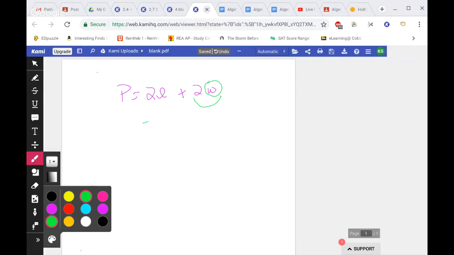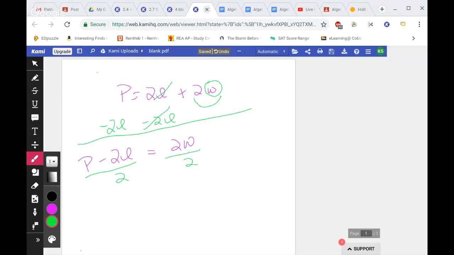But I need to get rid of this 2L first, because I have to do PEMDAS in reverse, and addition and subtraction comes first. So I've got P minus 2L equals 2W. And then to undo multiplication, I divide.